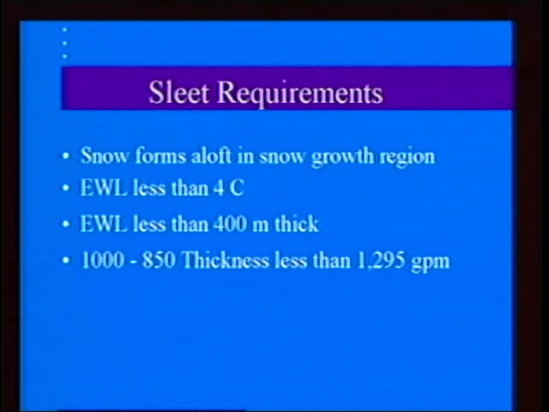And so then sleet would not occur in that situation. And then for sleet, you also need to have that sub-freezing layer below the elevated warm layer. So 1,000 to 850 millibar thickness, less than 1,295 meters.